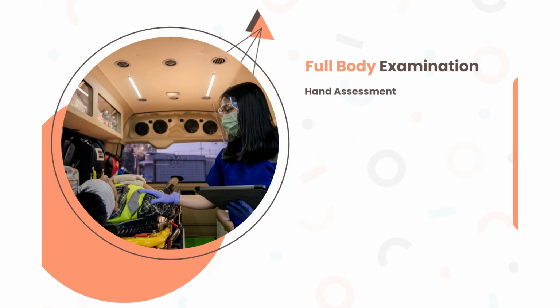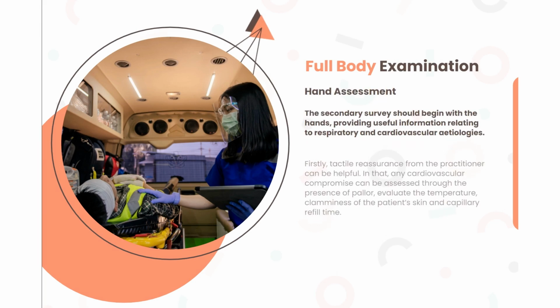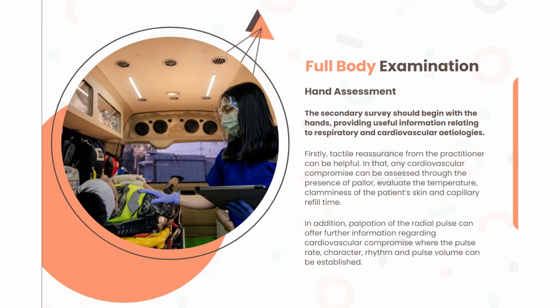Full body examination. Hand assessment. The secondary survey should begin with the hands, providing useful information relating to respiratory and cardiovascular etiologies. Firstly, tactile reassurance from the practitioner can be helpful, in that any cardiovascular compromise can be assessed through the presence of pallor.